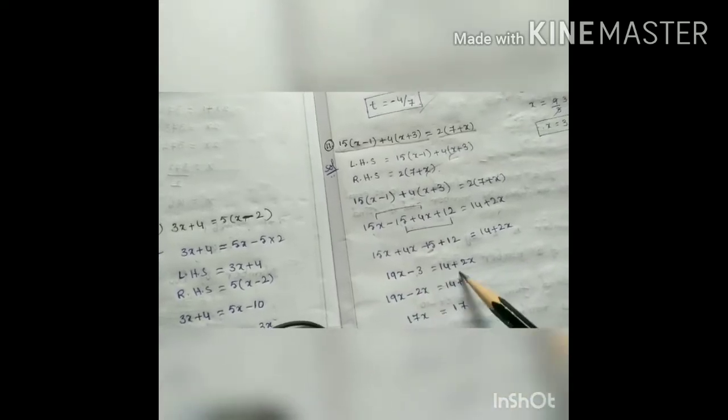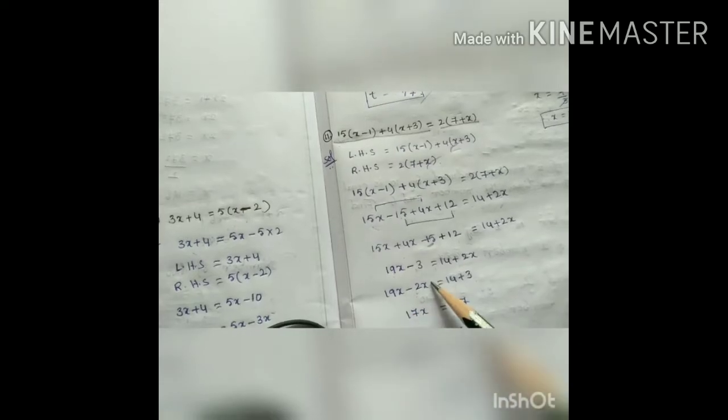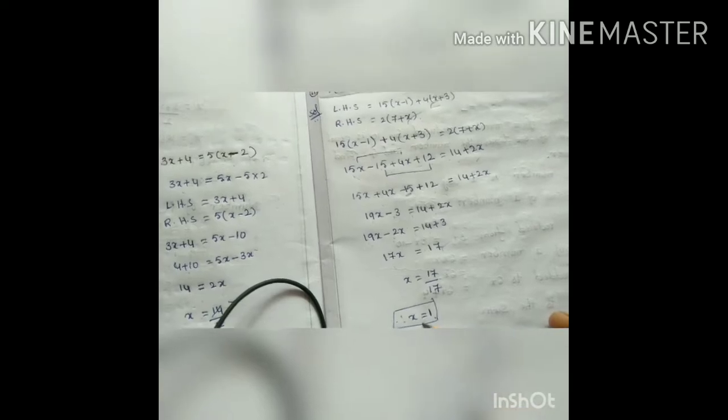So equal to 14 plus 2x. 19x minus 2x, the positive quantity becomes negative, equal to 14 plus 3. The negative quantity becomes positive. 19 minus 2 equals 17, x equal to 14 plus 3, 17. So x equals 17 by 17, one time possible, so x value equals 1.